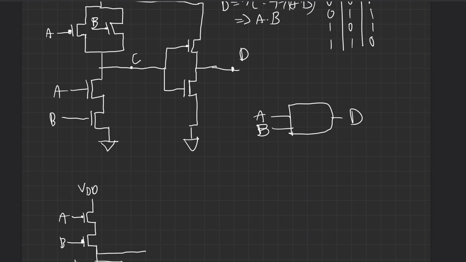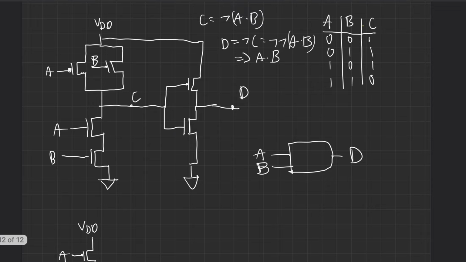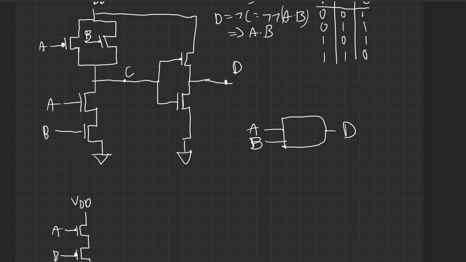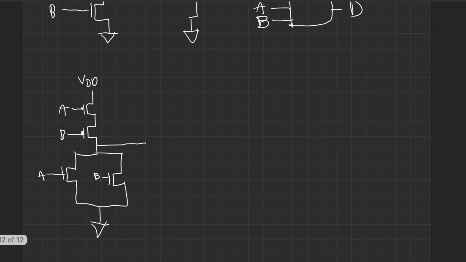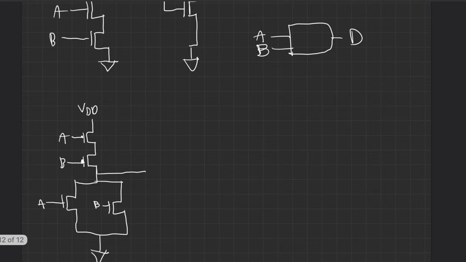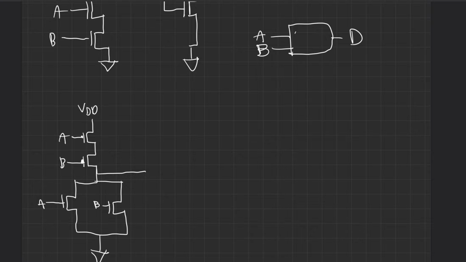So there you go. I showed you some basic circuits and how to implement logic. We're off to the races. And as you can see, what is this going to be? You can probably guess, but I'll do the truth table, and you can prove it out yourself.